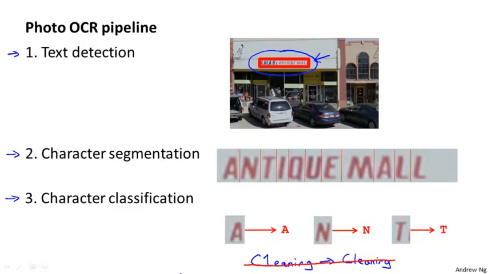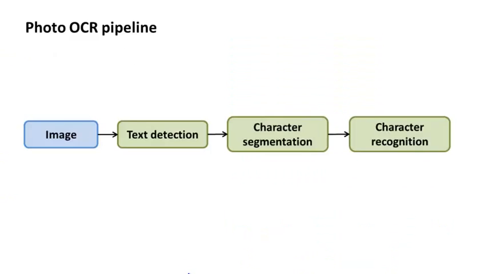A system like this is what we call a machine learning pipeline. In particular, here's a picture showing the Photo OCR pipeline. We have an image which is then fed to the text detection system, and having detected the text regions, we then segment out the individual characters in the text, and finally we recognize the individual characters.